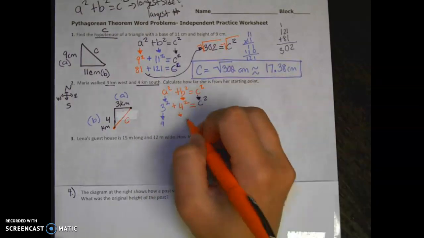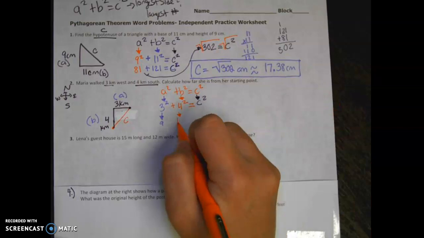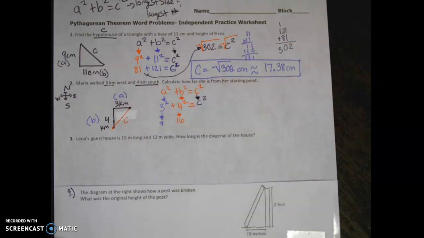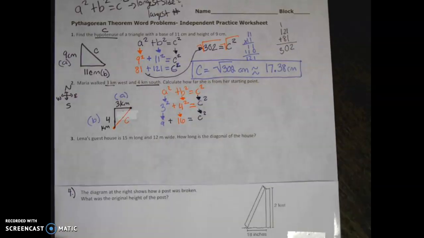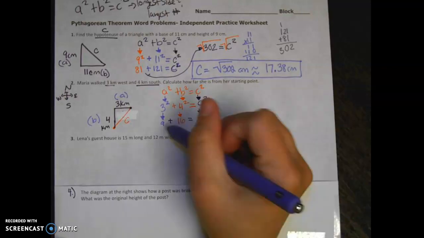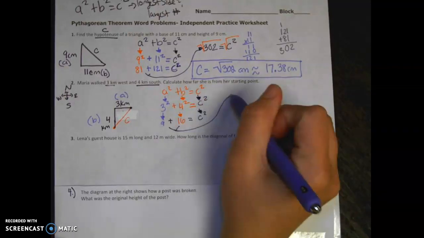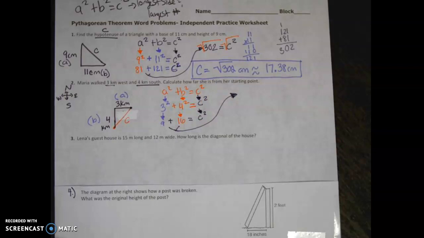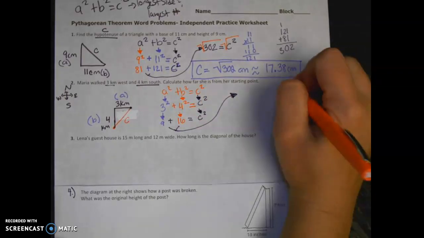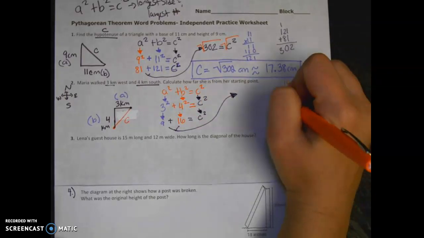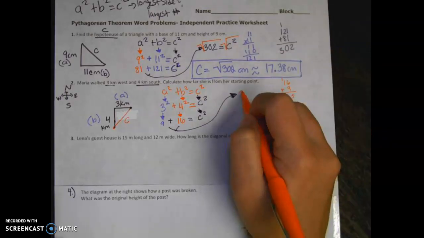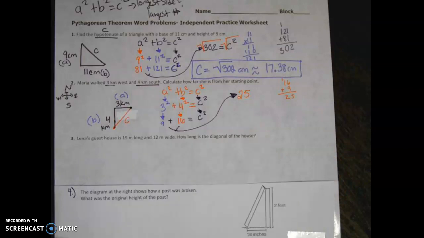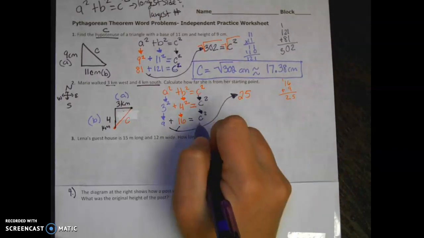Then I have my 4 squared, 4 times 4 is 16, equals, I still don't know what c is, so I have c squared. Now I'm going to add 9 and 16 together. 16 plus 9 is 25. So I have 25 equals my c squared.